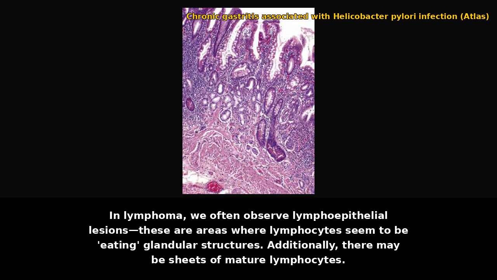In lymphoma, we often observe lymphoepithelial lesions. These are areas where lymphocytes seem to be eating glandular structures. Additionally, there may be sheets of mature lymphocytes.